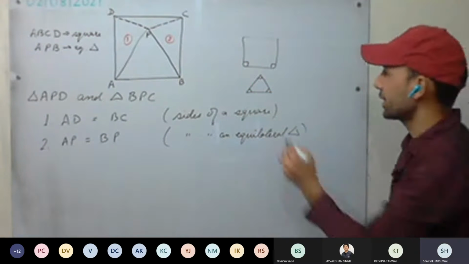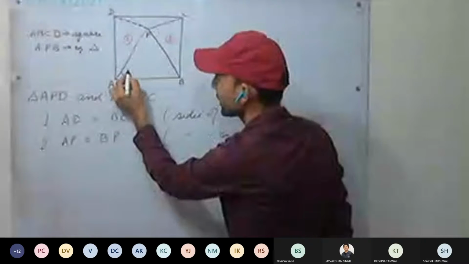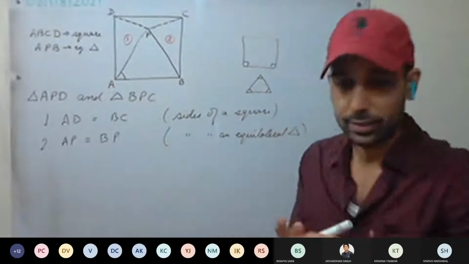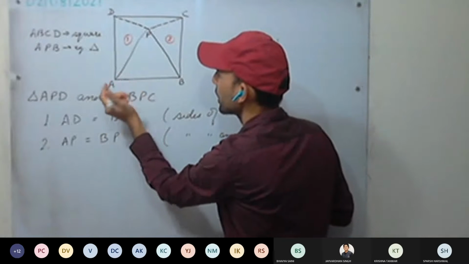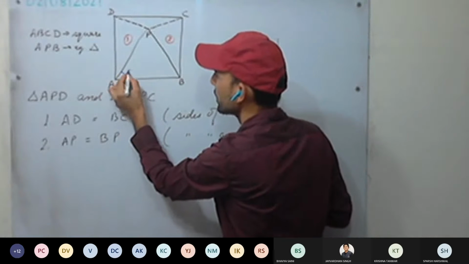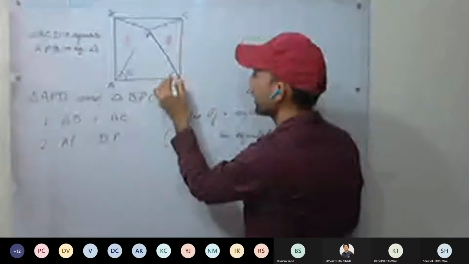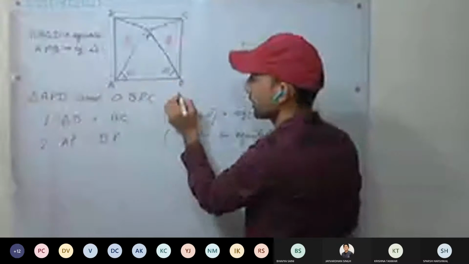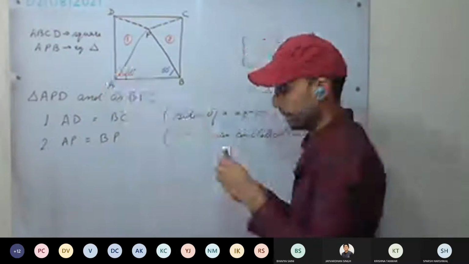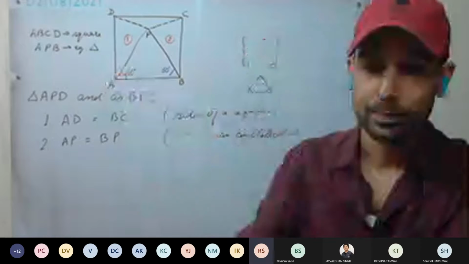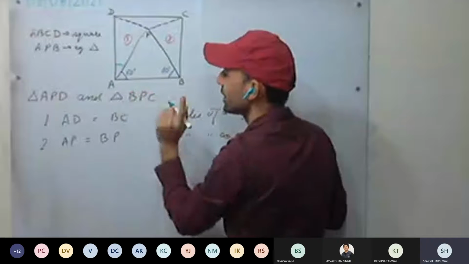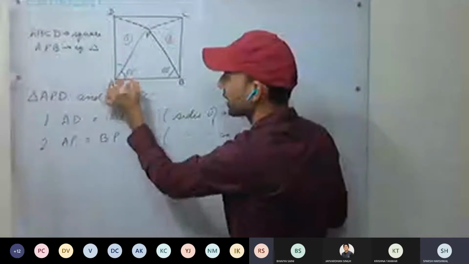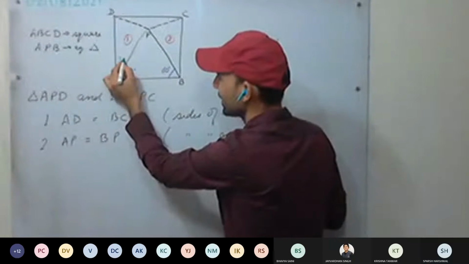It means this angle is, let me use a different color, how much? 60 degrees. This angle as well, 60 degrees. What about this angle? 30 degrees, because it is 90 degrees minus 60 degrees.